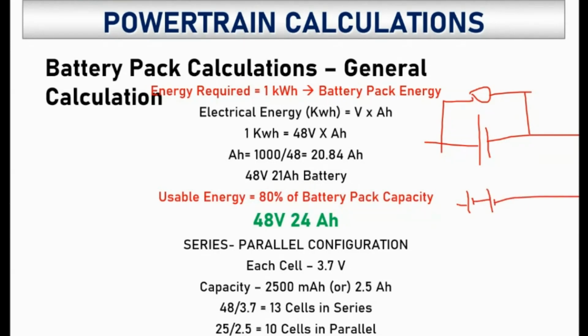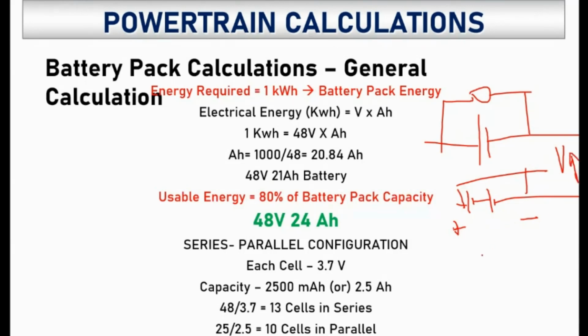You have more than one cell, so you're going to measure the potential difference between a positive terminal here and the negative terminal. So cells in series would add up the voltage.